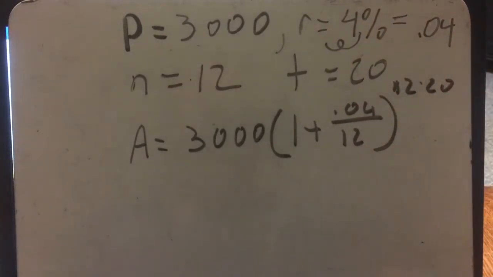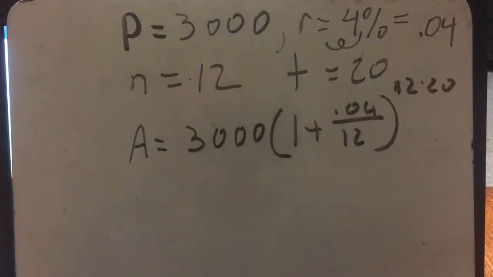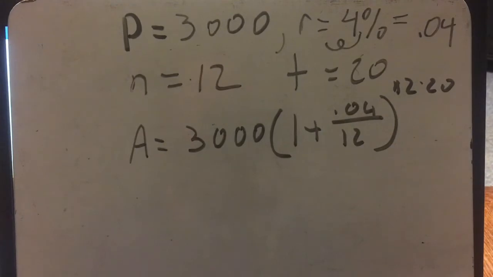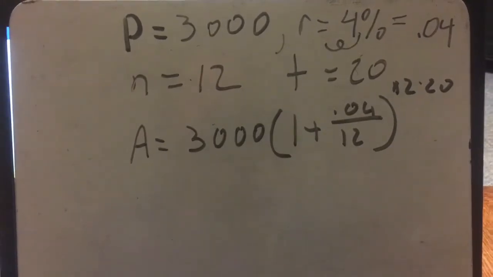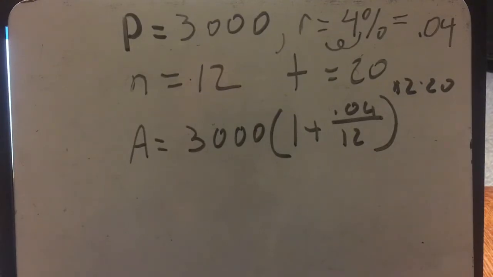This number, your exponent, is going to give you the value of total compounds over the time it's in the account. So in this case, that's going to compound 240 times. There are going to be 240 times that you're going to have money added to your account.